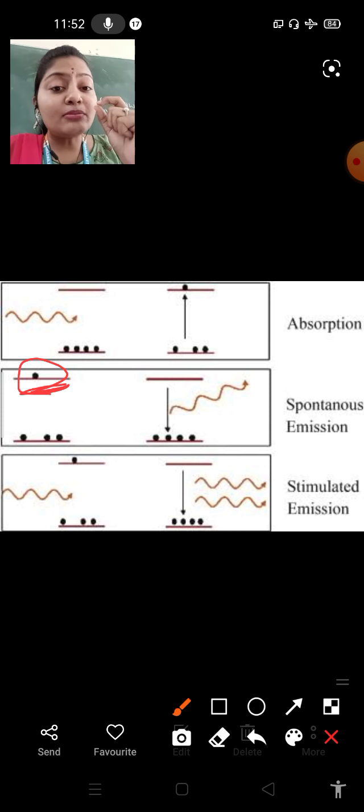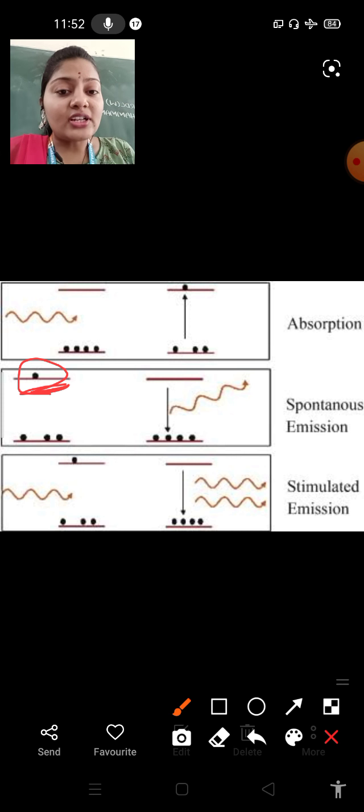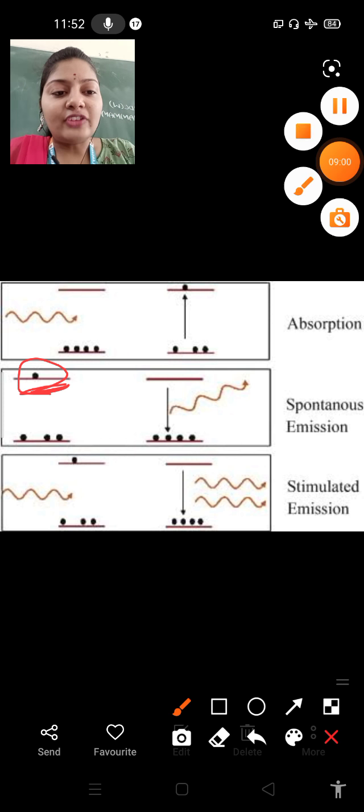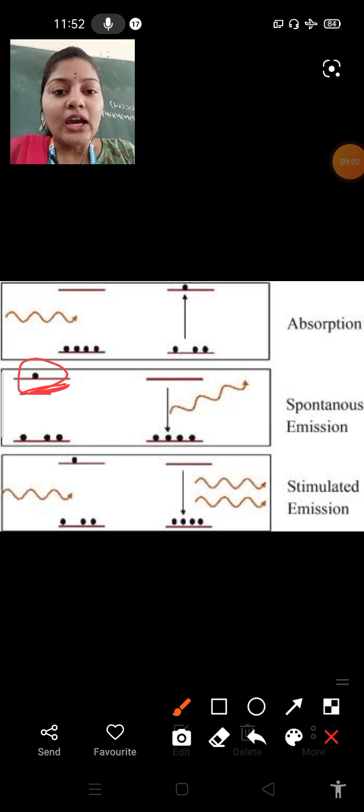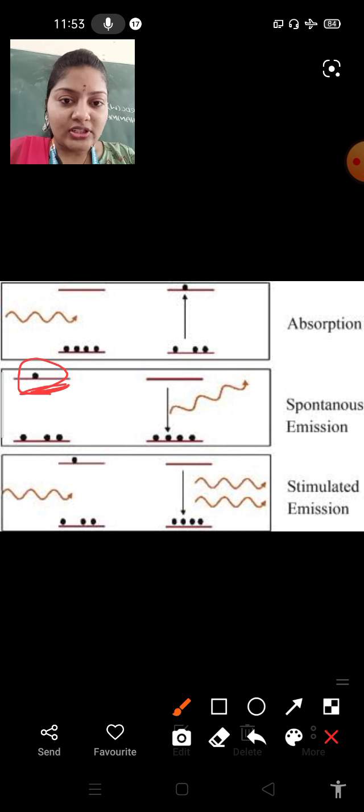But the atoms in the higher energy level, we need not supply any energy to come to the ground state, because they automatically move to the ground state after a certain period of time. That period of time is called the lifetime of that atom.